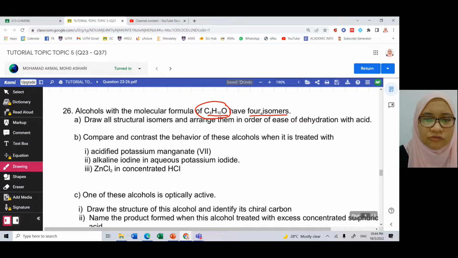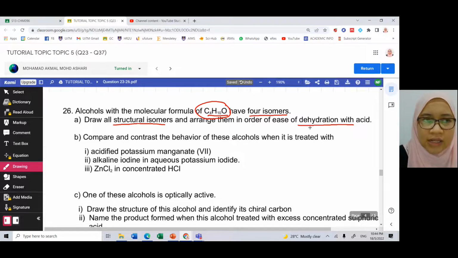You have to show all the 4 isomers later. Draw all structural isomers, and arrange them in order of ease of dehydration with acid.